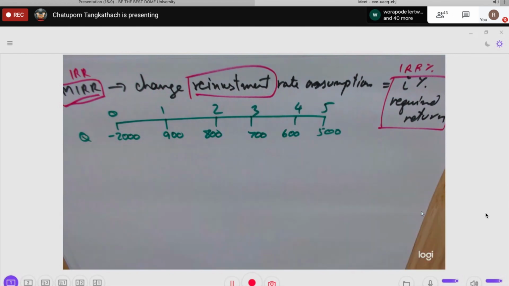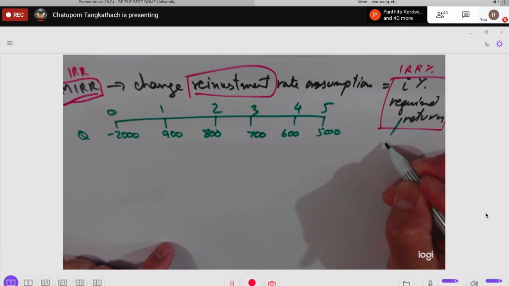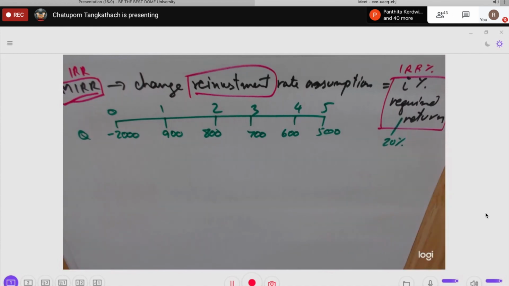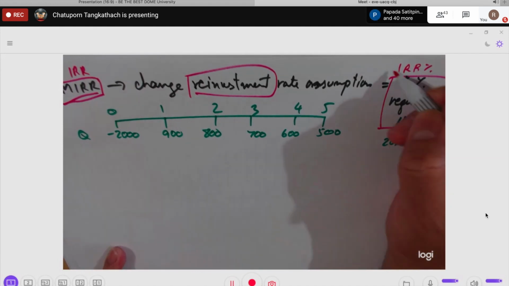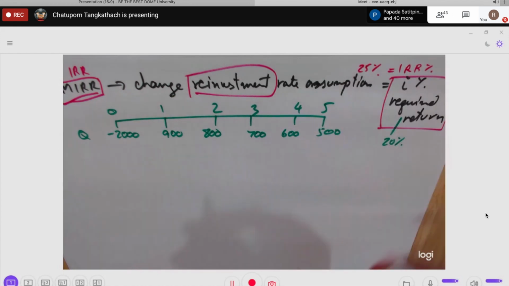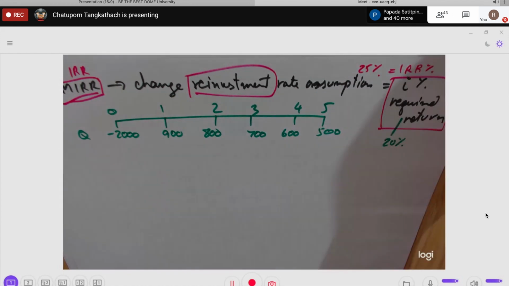When we reinvest at the required return, in our case 20%, rather than the IRR, which equaled 25% earlier, this is what we have.